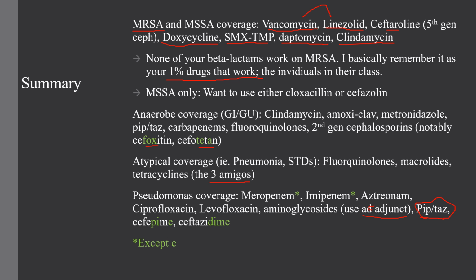But I eventually ingrained it into my brain that it covers Pseudomonas, and I remember it because it has P for Pseudomonas. It's just a small way of helping to remember it, because piptaz is one you rarely see. It's only used in severe cases because it's IV.